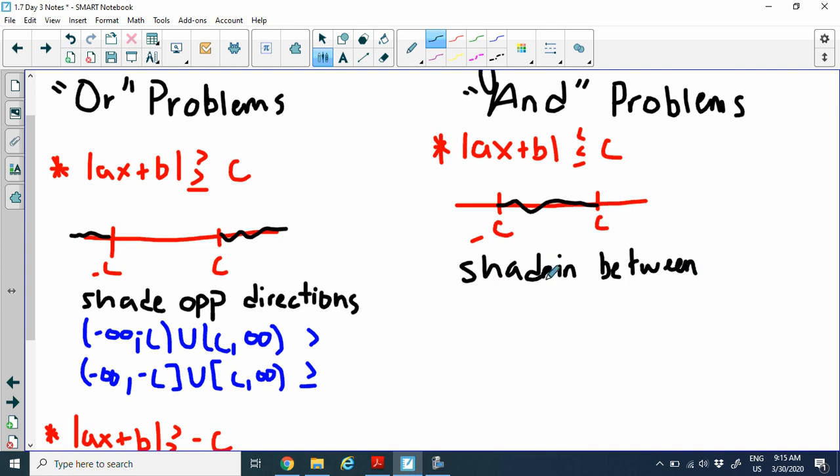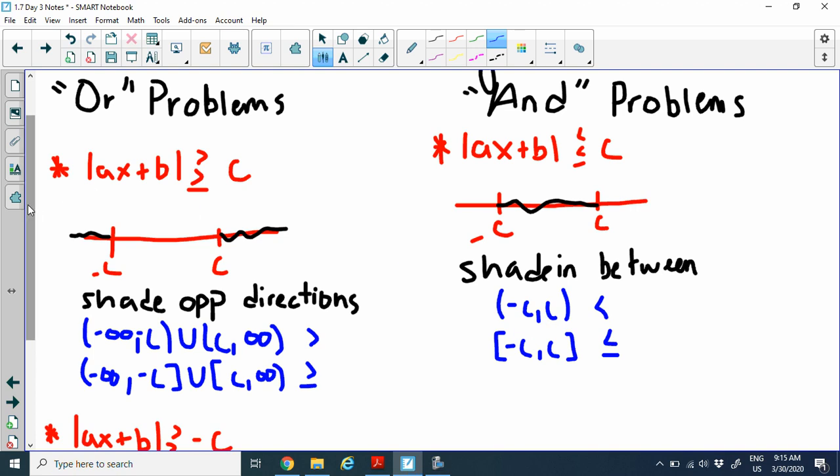So when we shade in between, our interval notation will look similar to this. So either we have parentheses, and that's when we have the less than, or we have brackets, and that's when we have the equal bar with our less than. And there will never be an interchange, so it's either all parentheses or all brackets.